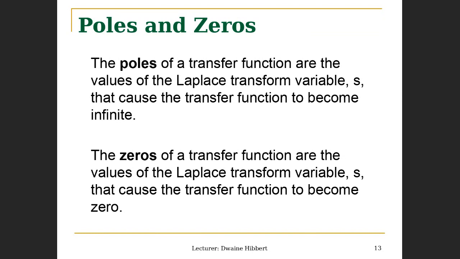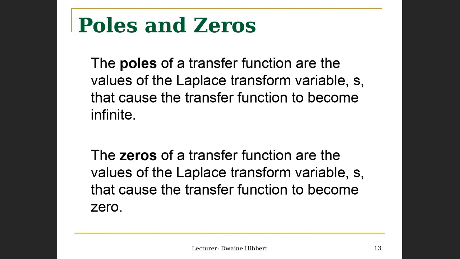The poles of a transfer function are the values of the Laplace transform variable s that cause the transfer function to become infinite. So any value of s that you substitute into the transfer function, and the function tends to infinity, we refer to that value of s as a pole of the system.